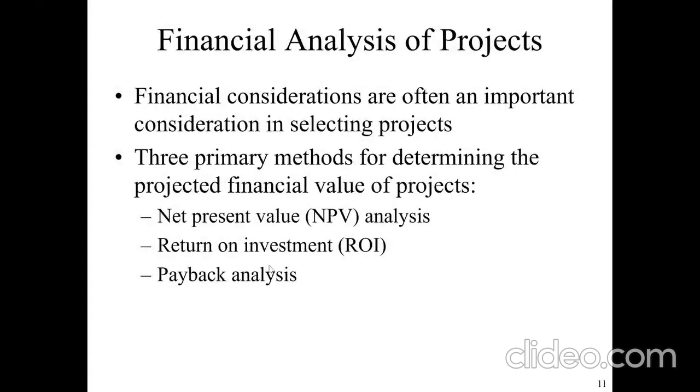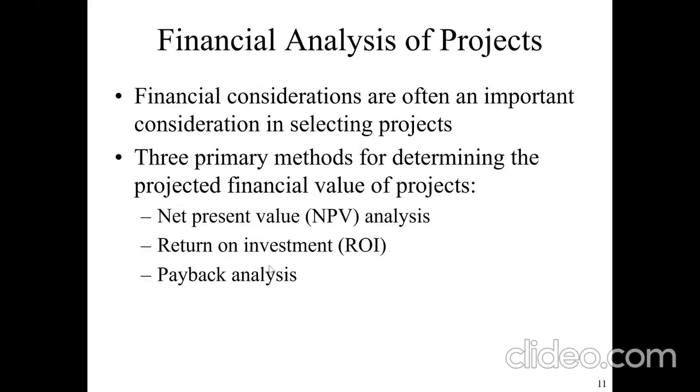Okay. So now let's go to the financial analysis of project. So this is where we perform some financial calculations, analysis on the project. Look at whether the project is viable to do or not.